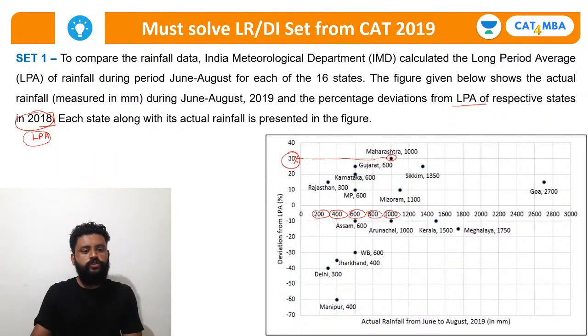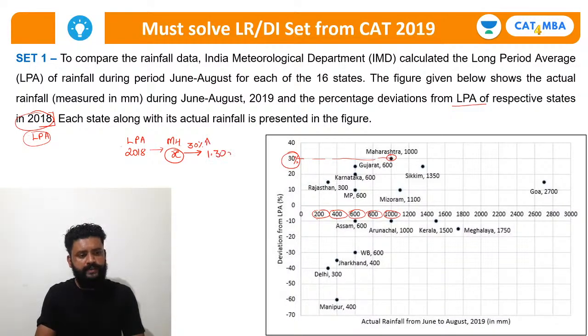So if you want to calculate the LPA of 2018 महाराष्ट्र के लिए, जो भी होगा, let's say X LPA है, तो वहां से 30% increase हुआ है. 30% increase मतलब it will be 1.30x.